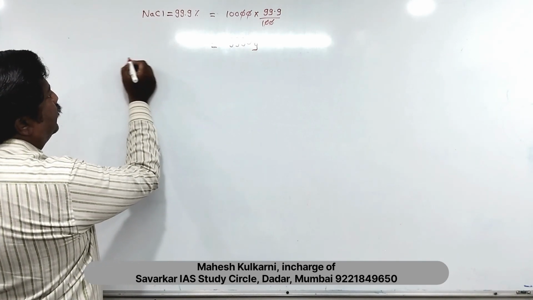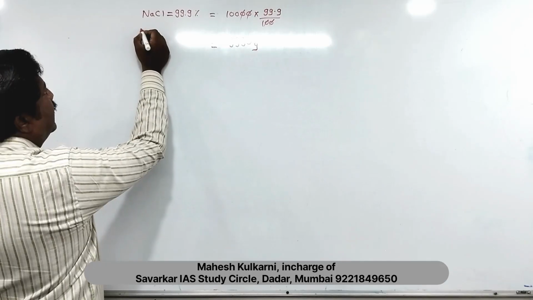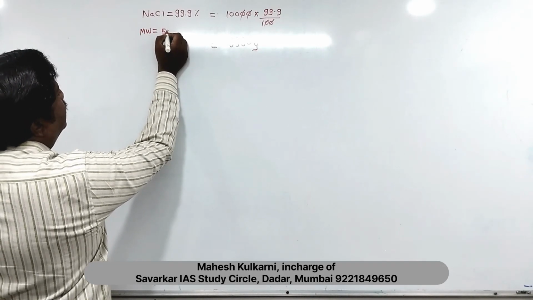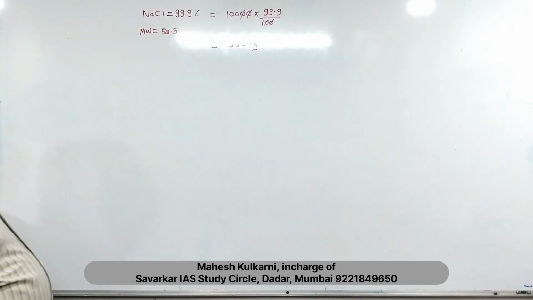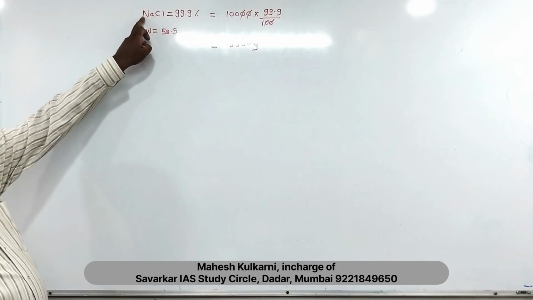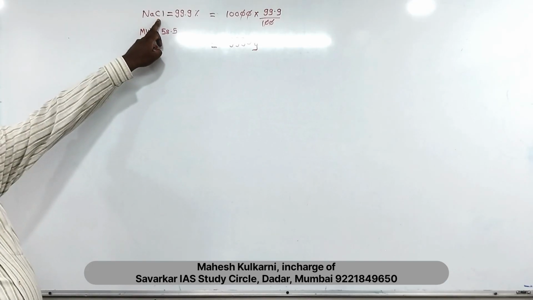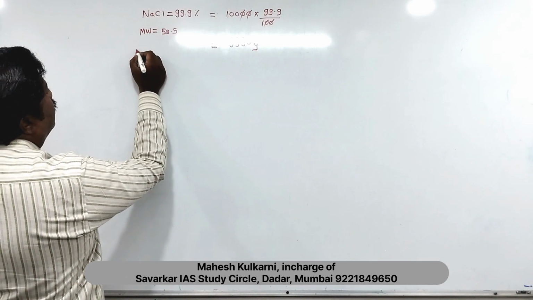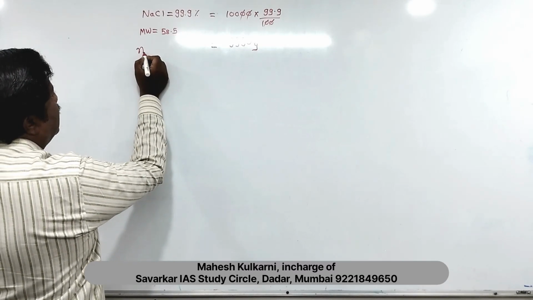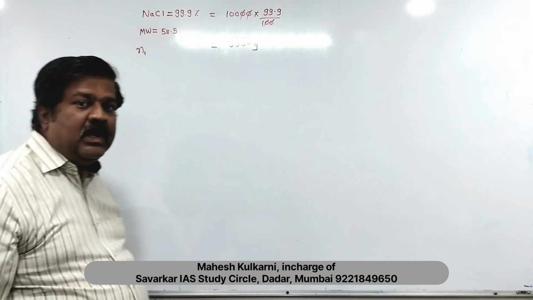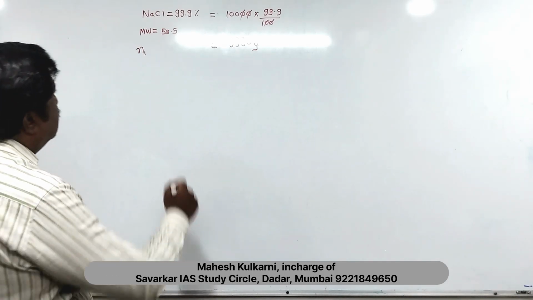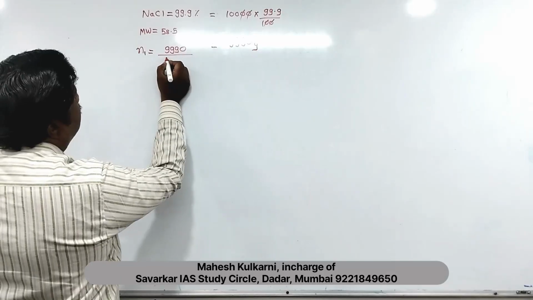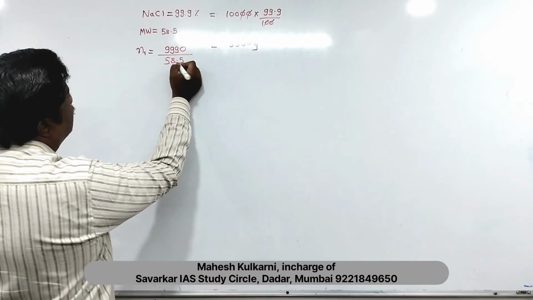Now we are aware of the molecular weight of sodium chloride, that is 58.5. So 23 of sodium, 35.5 gram of chlorine, so it's 58.5. And now we have to find out N. So N1, I will mention here N1 for sodium chloride. So it is 9990 divided by 58.5.